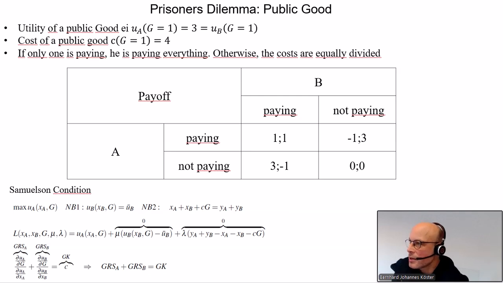A public good has the property that it can be directly used not only by one person, but by many persons simultaneously. So you are using this room simultaneously. So everybody gets a utility from sitting here, hopefully.